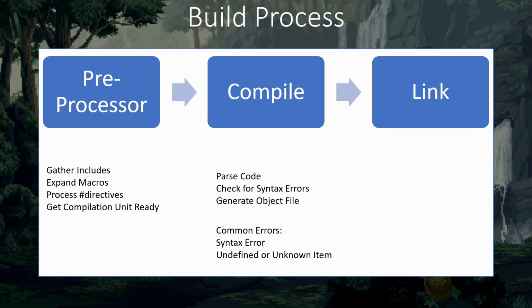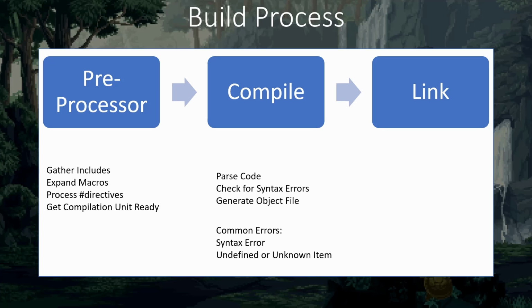If a function is called that the compilation unit does not know about, the compiler will generate an error saying that the function is undefined or unknown. For functions in the standard library, the declarations of what these functions do are part of the include files that were added by the preprocessor. This is what tells the compiler what functions like printf and cosf look like so that it can know how to compile calls to them.